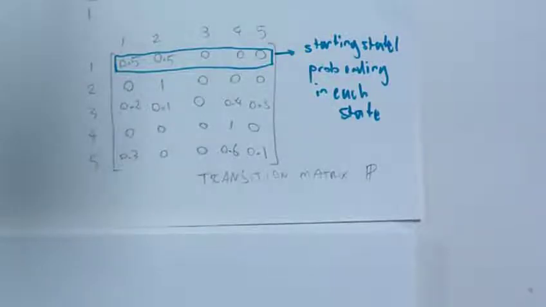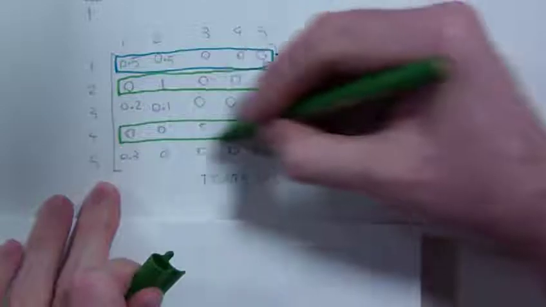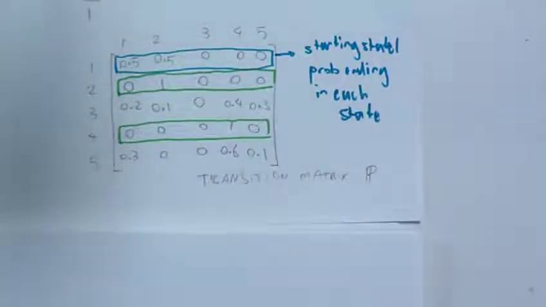However, the fact that there are absorbing states means that this matrix has some very useful structure, and it might be better to draw my columns and rows in a different order. So that row number 2 there, I'll just circle it in a different colour. Row number 2 there, because it's an absorbing state, is a row of the identity matrix. And because state 4 is an absorbing state, that is a row of the identity matrix.